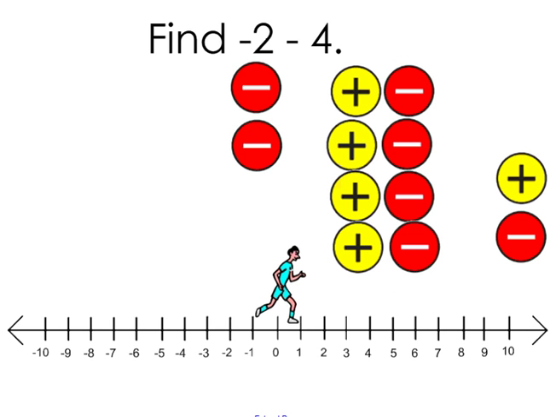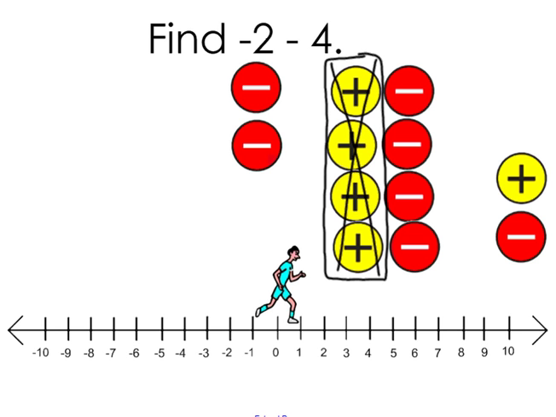What I can do, though, is now take away these 4, because this says start with negative 2 and then take away 4 positives. So now when I take away those 4 positives, those are not included, I'm going to be left with 6 negatives. So negative 2 minus 4 is going to equal negative 6.